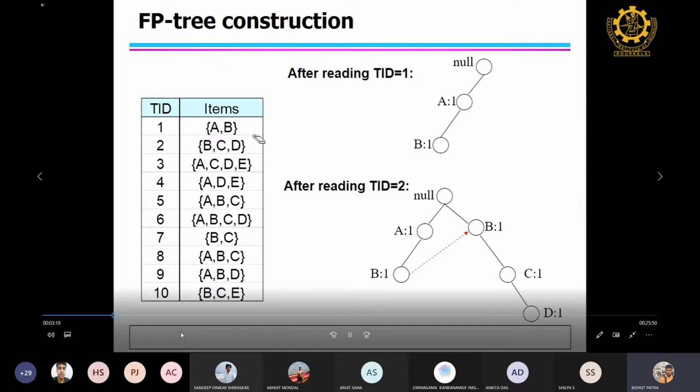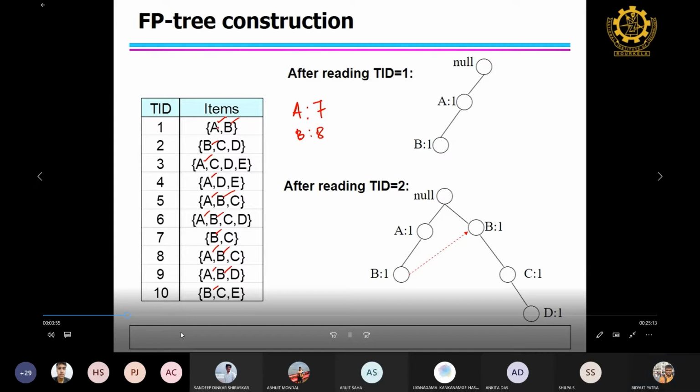First, we have to find the count for each item. You start counting the cardinality of item A: 1, 2, 3, 4, 5, 6, 7. So the cardinality of A is 7. Then B is 1, 2, 3, 4, 5, 6, 7, 8. So B is 8.